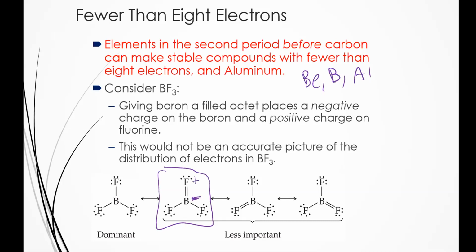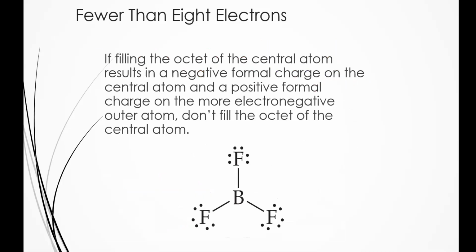And so when we experimentally follow up on this, what we find is that their bond lengths match much more with it being a single bond than with them being a double bond. So this tells us that our dominant Lewis structure should be this single bond one.